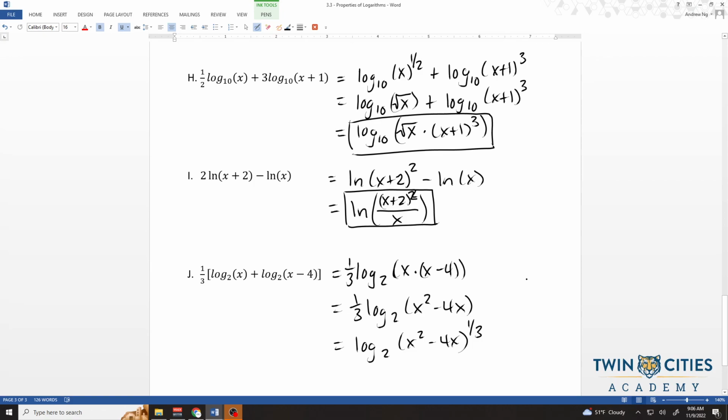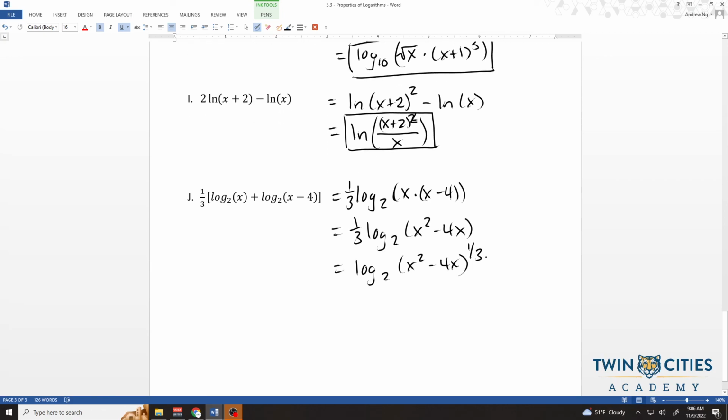And lastly, this power of 1/3 is really the cubed root of what I've got inside here. So this is equal to log base 2 of the cubed root of x squared minus 4x.